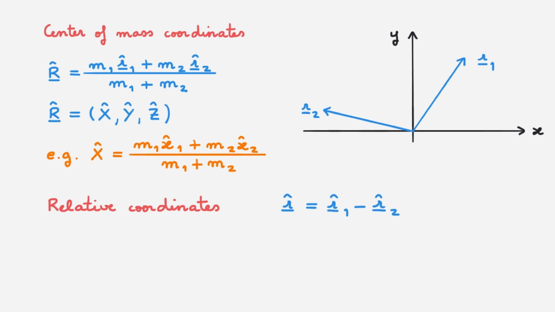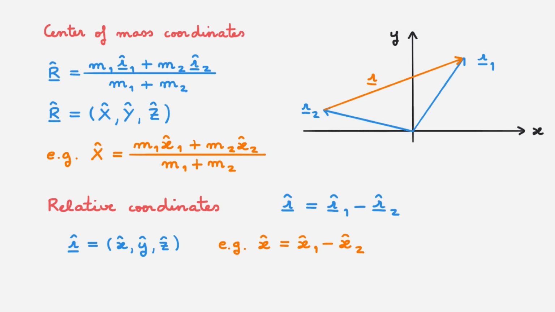If we make some room in the above diagram, then the relative coordinates define this vector. And just like for the center of mass coordinates, the relative coordinates are an operator r made of three separate lowercase operators x, y, and z.